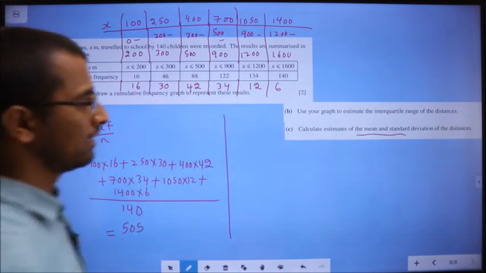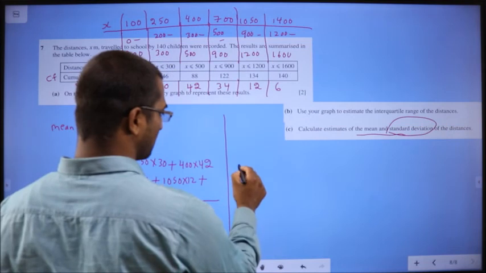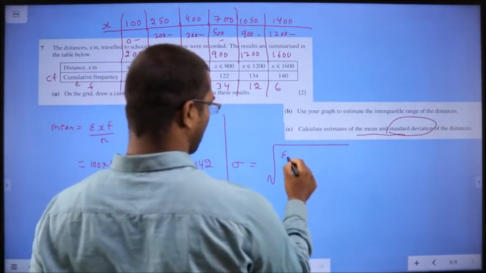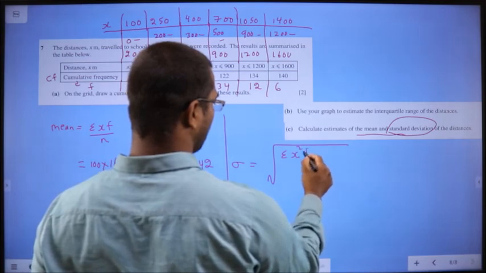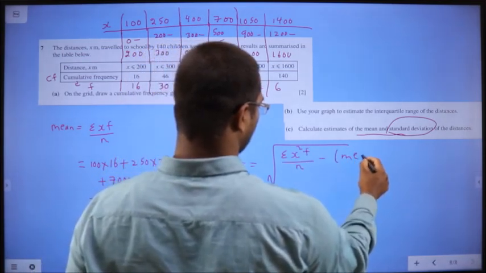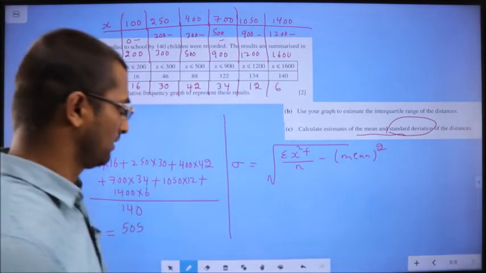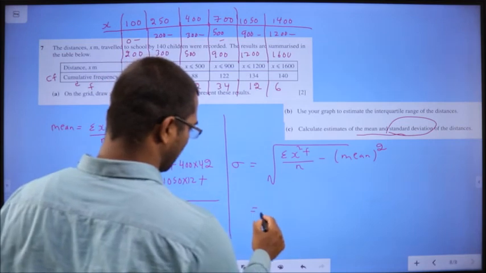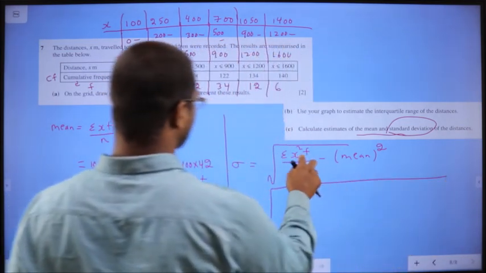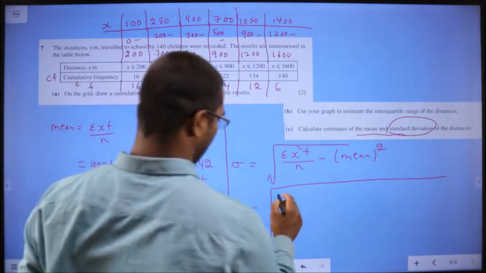Now to get standard deviation, the formula is square root of sum of x square into f by n minus mean square. Okay. So let us calculate. Square root of x square into f means square the values of x into f.